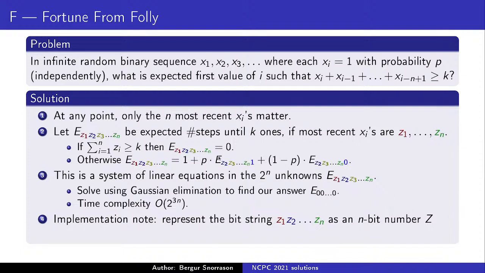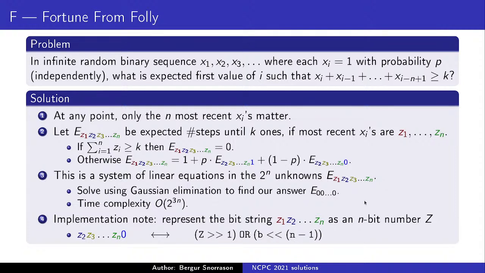So this kind of operation of shifting things around is very convenient when viewing these as integers, because taking z2 up to zn and adding a bit b is the same as shifting z down one step and then ORing it with b in the n-1th most significant bit.